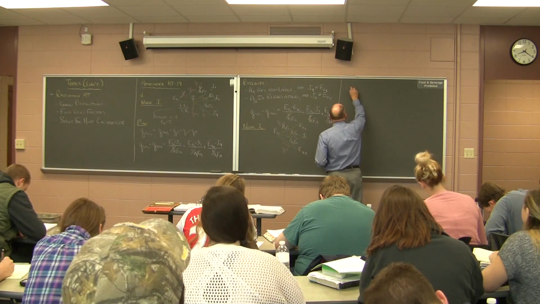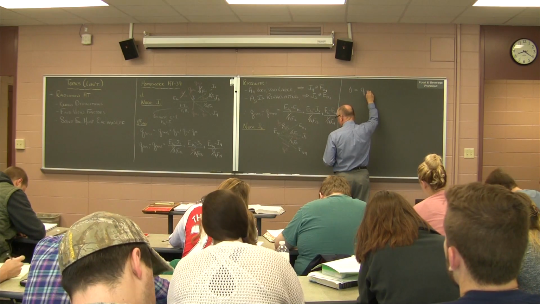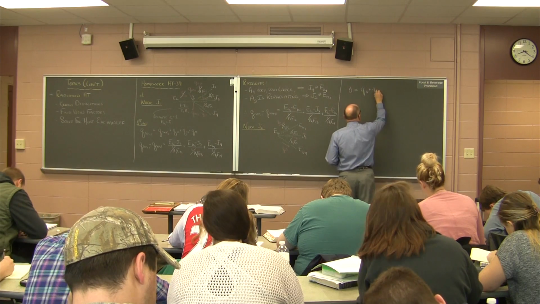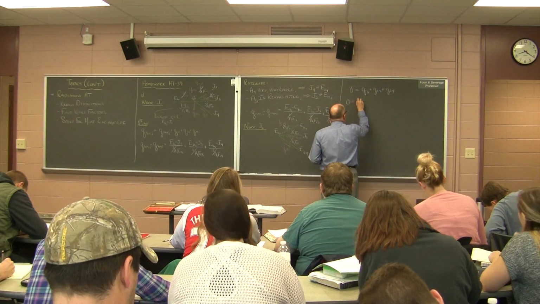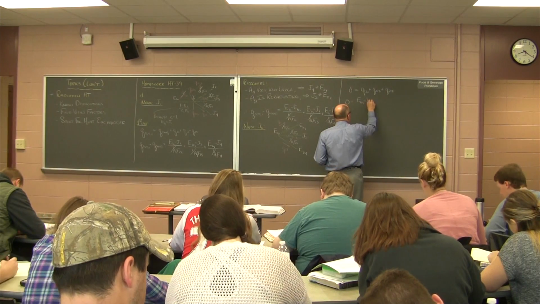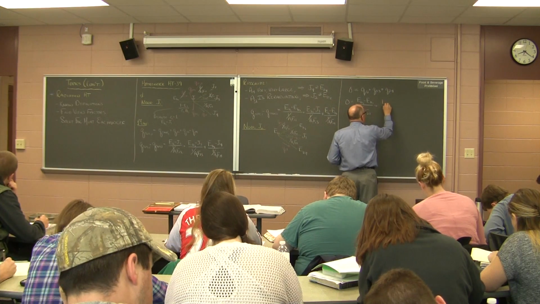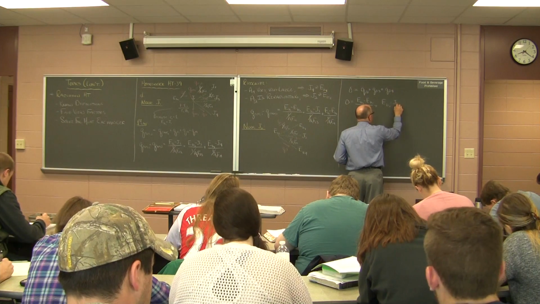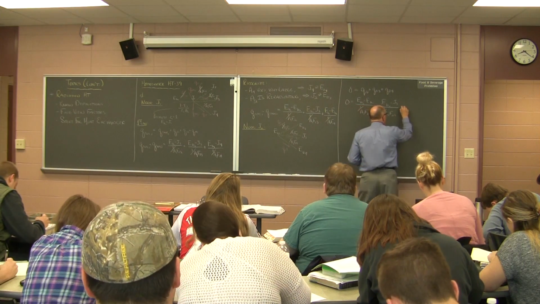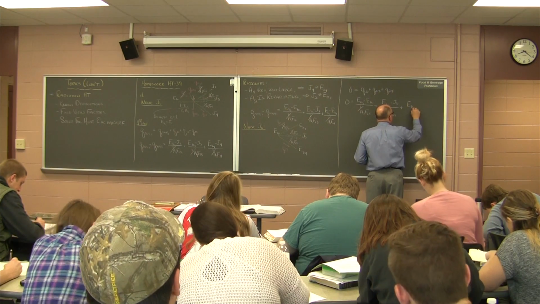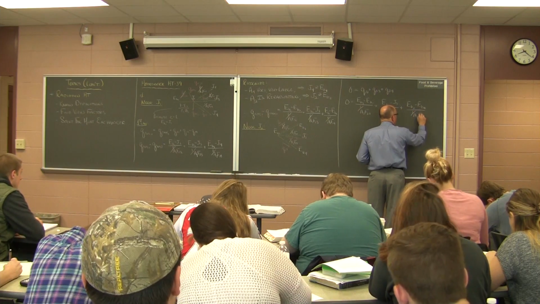So 0 is going to be equal to Q2 to 1 plus Q2 to 3 plus Q2 to 4, or EB2 minus EB1 over 1 over A2 F2 to 1 plus EB2 minus J3 over 1 over A2 F2 to 3 plus EB2 minus EB4 over 1 over A2 F2 to 4.